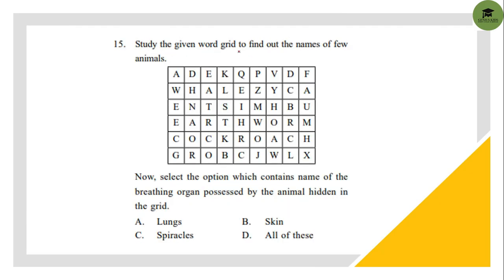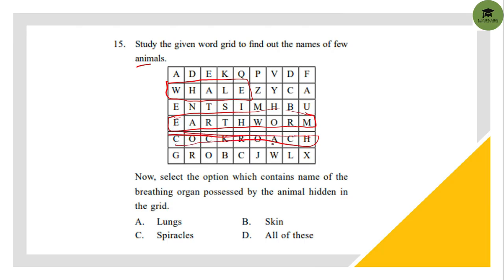Study the given word grid to find out the names of few animals. Now select the option which contains the name of the breathing organ possessed by the animals hidden in the grid. In the grid we need to find three animals. One is whale, another one is earthworm, and another one is cockroach.